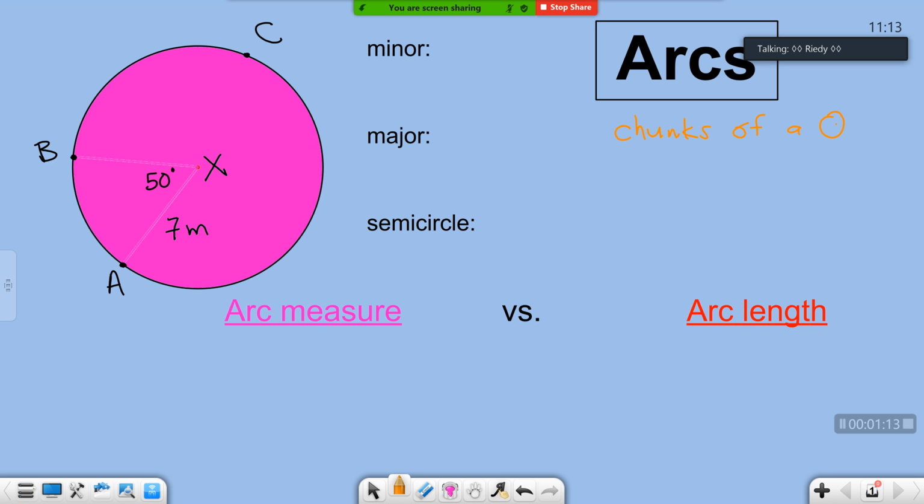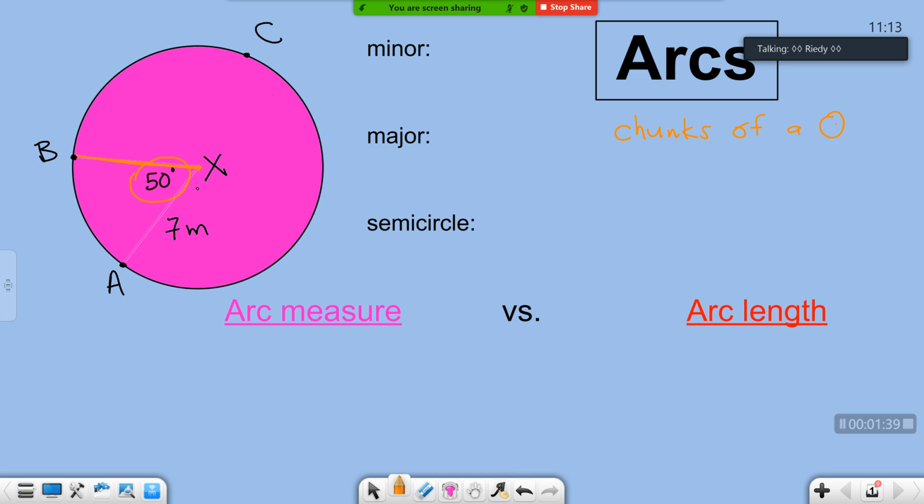That's a circle interior. Okay, so 3 different types of arcs. We have a minor arc. Minor arcs. Oh, wait a second. We have to talk about how to measure arcs. So we'll go down here to arc measure. Arc measure corresponds to the number of degrees of the angle formed from that arc. Okay, now that's a little confusing, but if we look here, I've got this 50-degree angle.